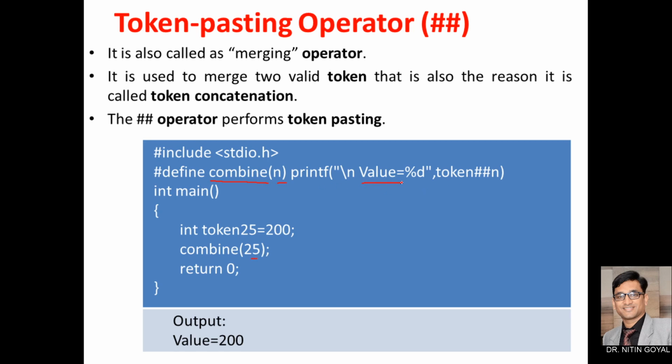The output will be value is equal to token##25. As we know it is the merging operator, it will ultimately give you the value token25, and the value of token25 is already defined as 200. So the output will be value is equal to 200. So that will be the output.